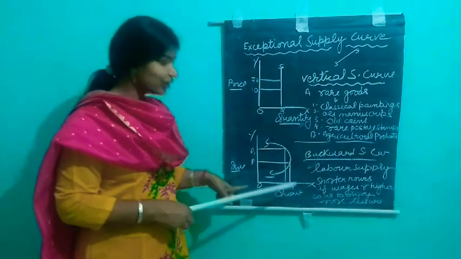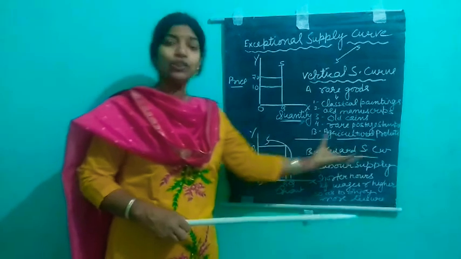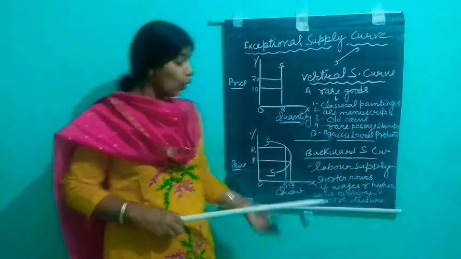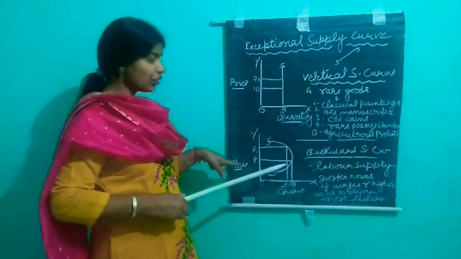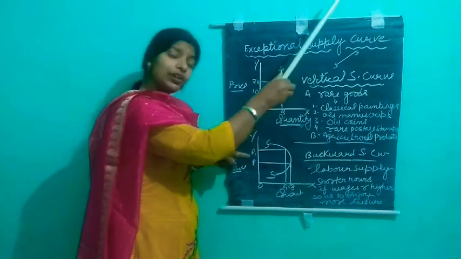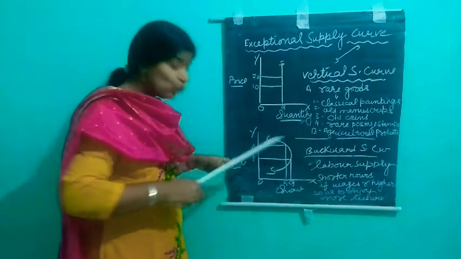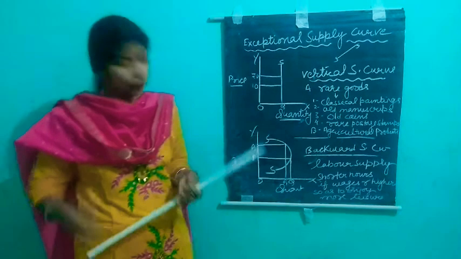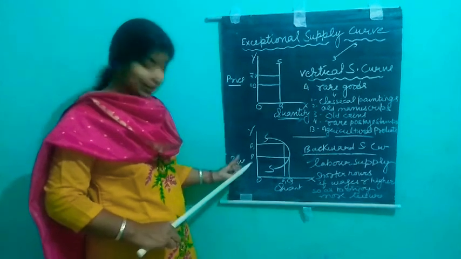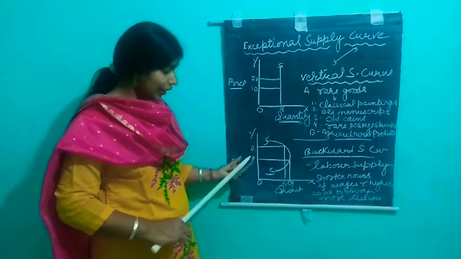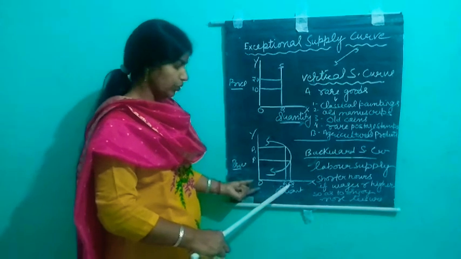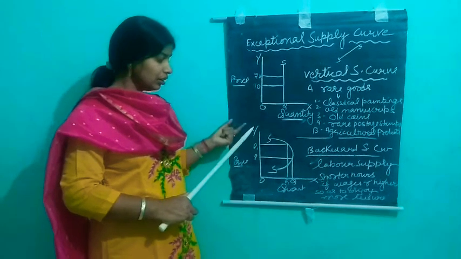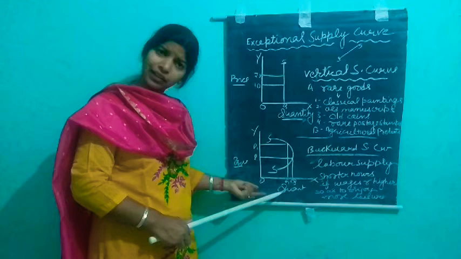Now we come to the second, the backward sloping curve. All of you can see that at this time the supply curve is not upward sloping. This is backward sloping. The backward sloping curve is showing that when the price is low, OP, the quantity is OQ. If price rises, the quantity supplied will be less.